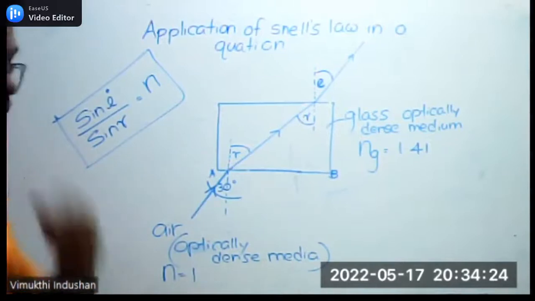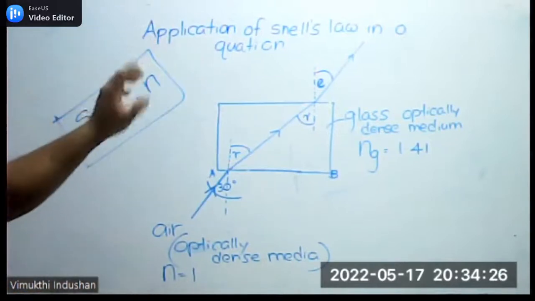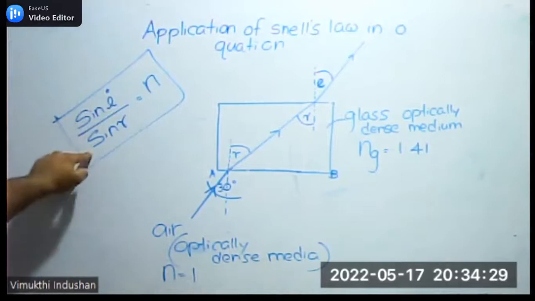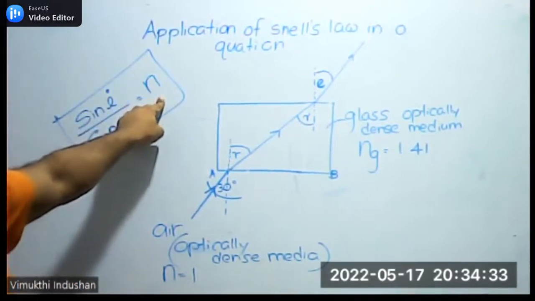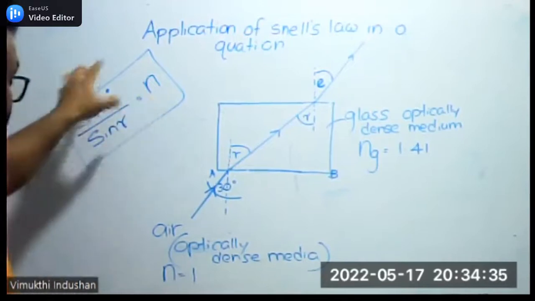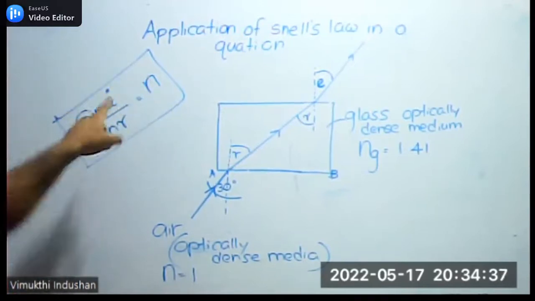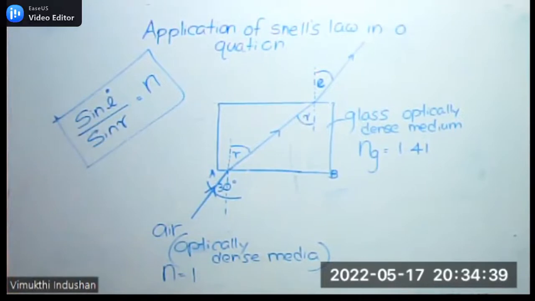As you all know, Snell's law is sine I over sine R is a constant. The constant is n, which is the refractive index. But this has to be modified in a way that you can apply it for a question. So I'm going to show you how you can modify this Snell's law to be applicable for a question.